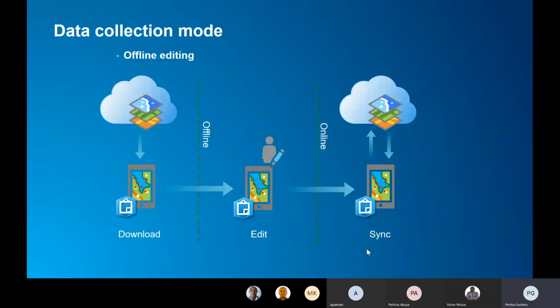Then once they get to a place where there is internet, they can synchronize their edits. If there is sufficient internet connectivity, they don't need to download. All they do is access the web map through their Collector for ArcGIS, open it, and just continue working. So ideally, it supports both offline and online mode.